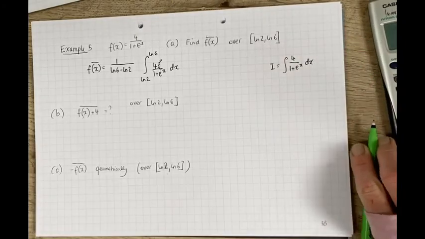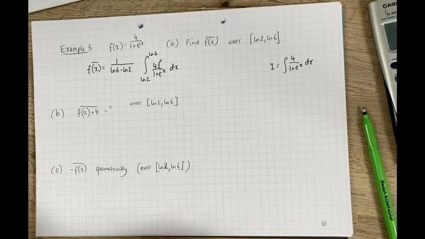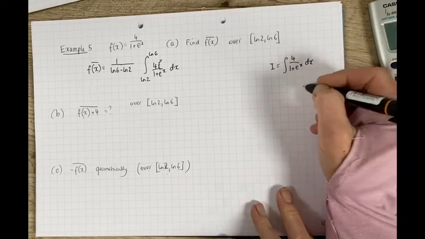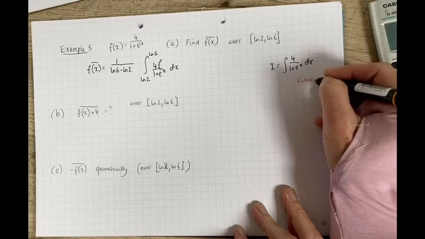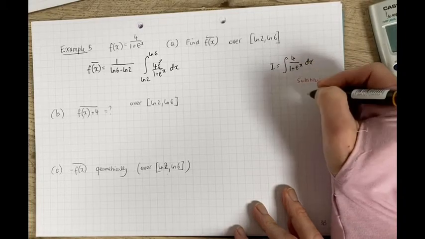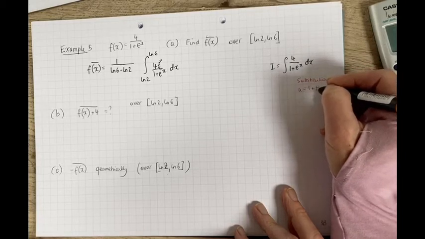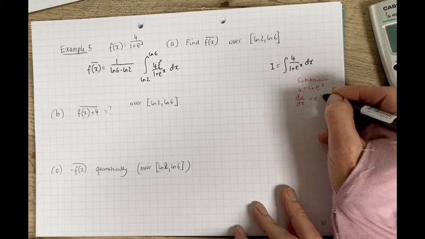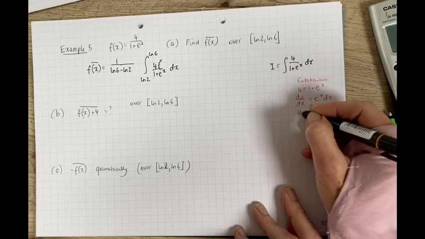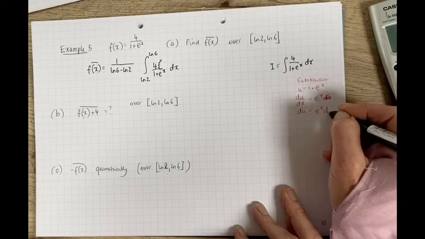I think the best way of doing it is just replacing this e to the power of x, or you could even replace 1 plus e to the power of x in the denominator if you wish. So use substitution. So either replace the whole denominator or just e to the power of x. If you differentiate that, you're going to get du is e to the power of x dx.